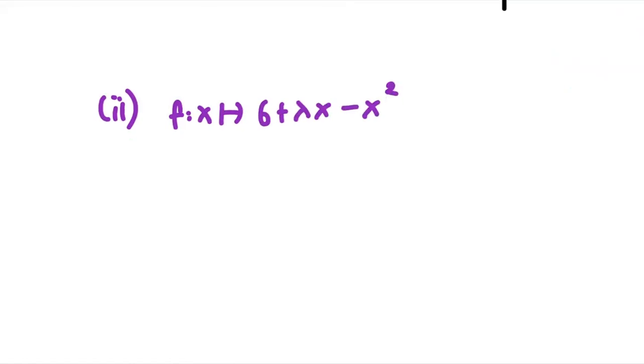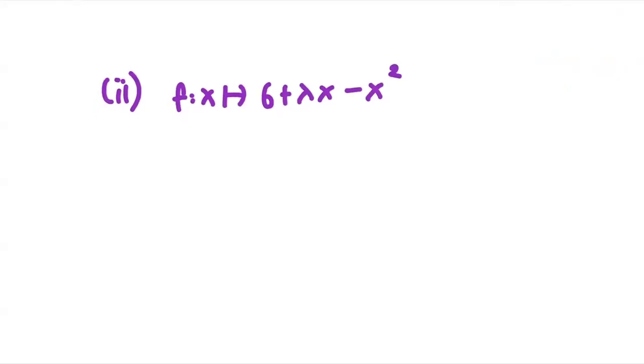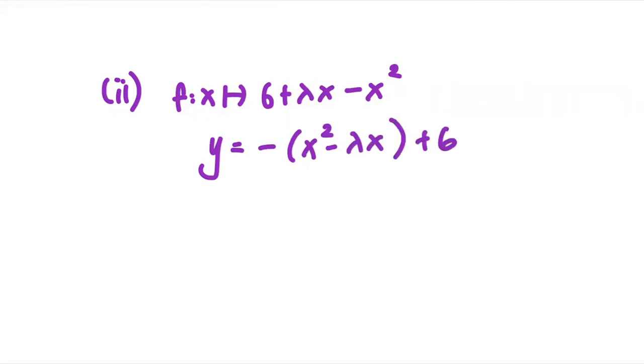So what you need to do is this. We have f of x equals to 6 plus lambda x minus x squared. Okay. So the first thing you need to do is you need to find what is this equation in terms of x. So this means you need to make x the subject. And how do you make x the subject? Complete the square. So we let y be equals to, pull out the negative sign, x squared minus lambda x plus 6.